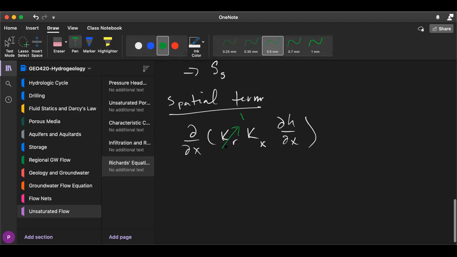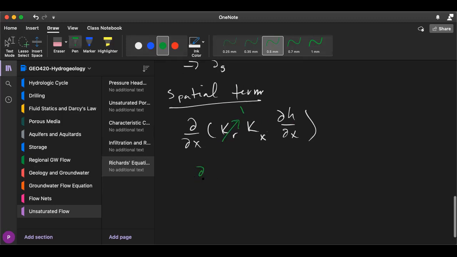In that case, this term reduces to d dx kx dh dx. So all these spatial derivative terms also reduce just to the confined aquifer equation. So this is the fantastic thing about Richards equation. It works in the unsaturated zone, and it just automatically converts to the saturated equation in the saturated zone.